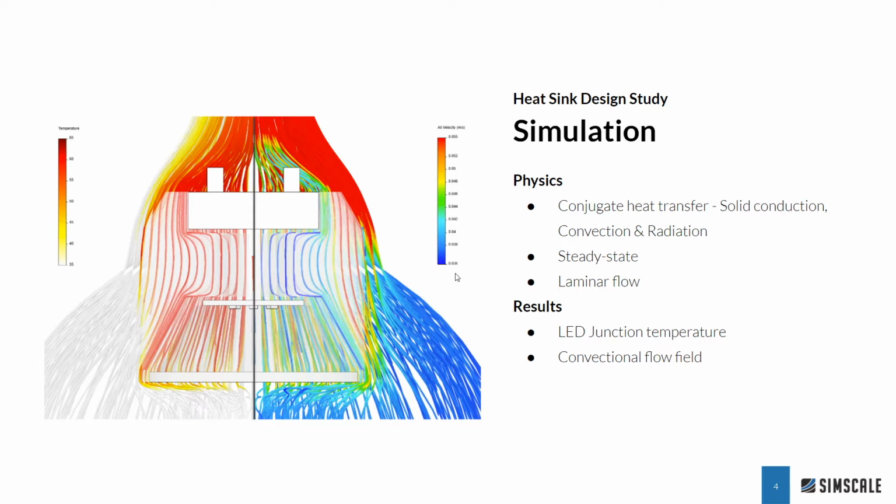Now we're going to be running a steady state simulation and using laminar flow rather than employing a turbulence model. And as I said earlier, the result of interest is really going to be the LED junction temperature, as well as a general understanding of the convectional flow field as well.